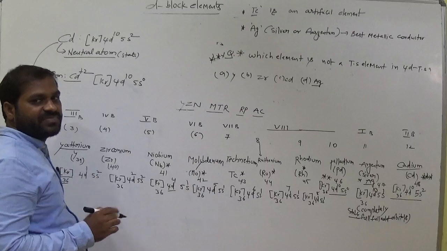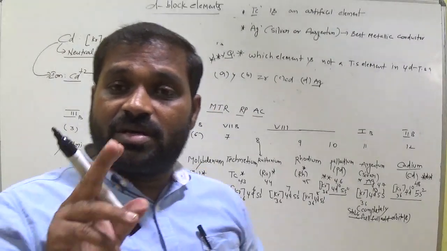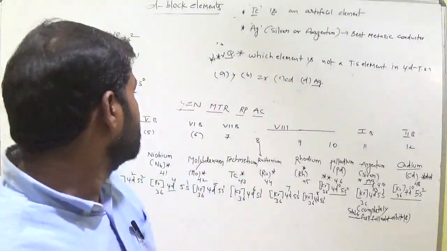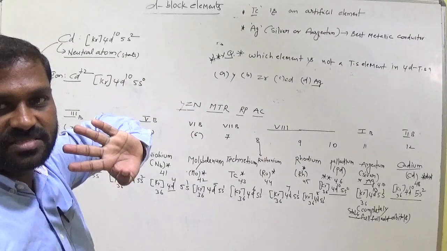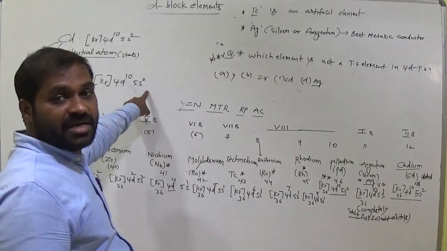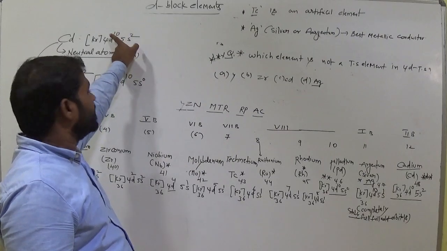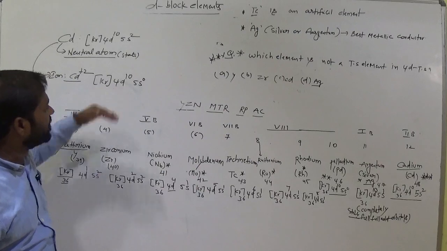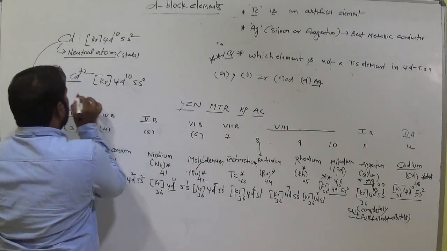Remember, electrons first enter into s and are also removed from s first. So the 2 electrons are removed from the s orbital, not the d electrons. So in the ion form also we have a completely filled d orbital.